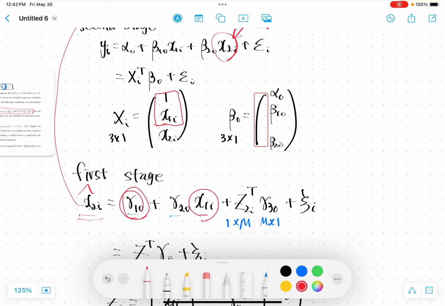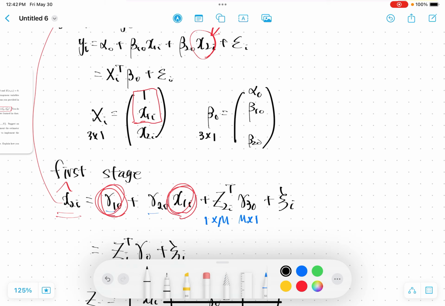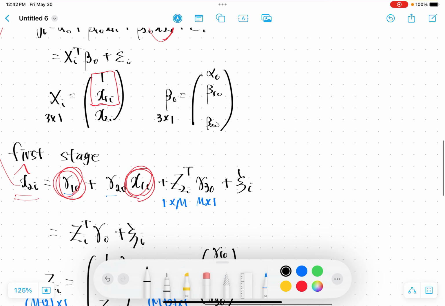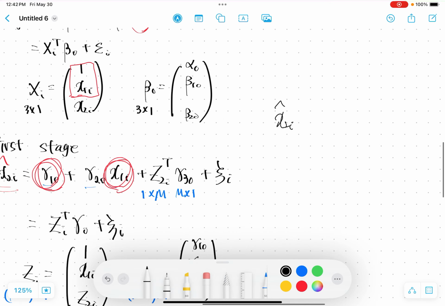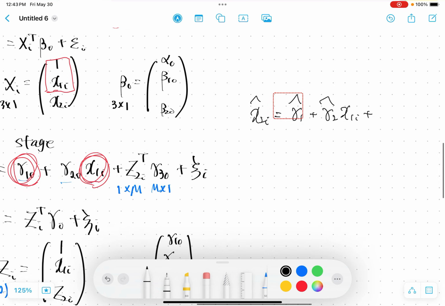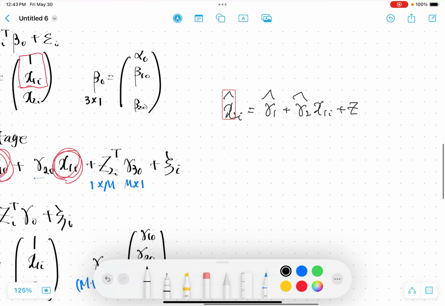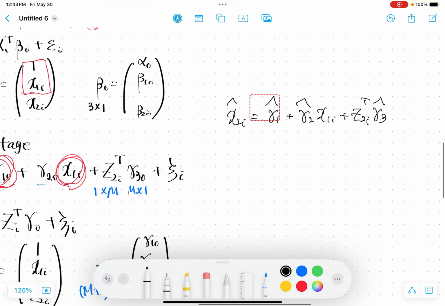So you have to include these two in the first stage. Okay. So now I will define additional notation. We usually define x2i hat as the estimated version.